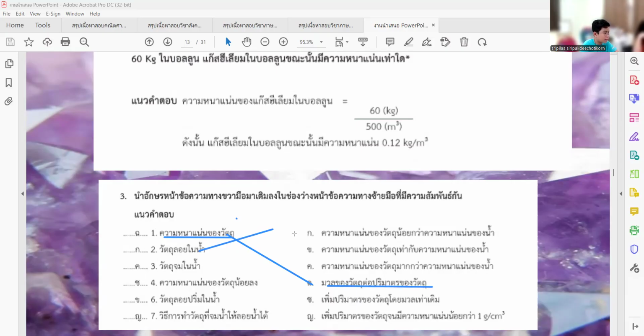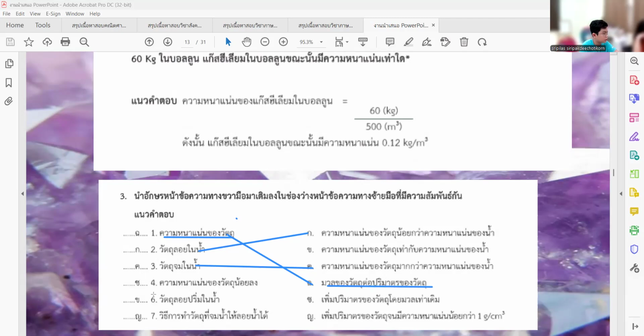So the substance floats in water. That means that substance is less dense than water. If the object sinks in water, that means the density is more than water.